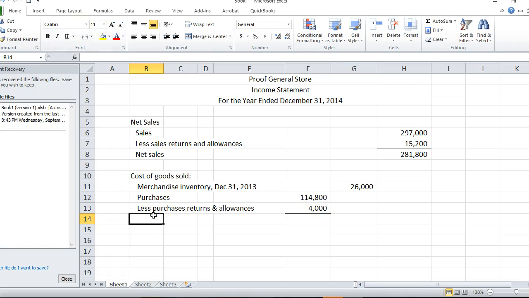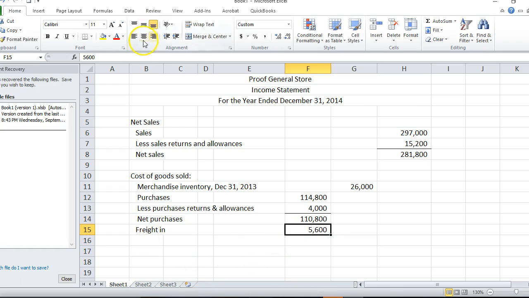So our purchases minus our purchase returns and allowances give us our net purchases of $110,800. Now we need to add to that what we paid for freight. Freight in is how much? $5,600.